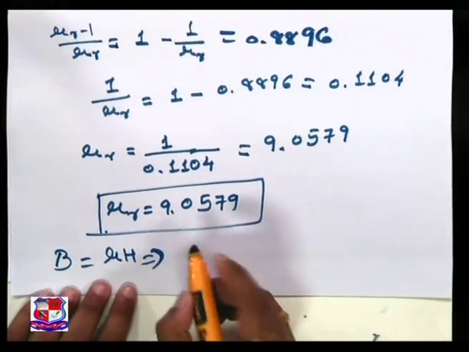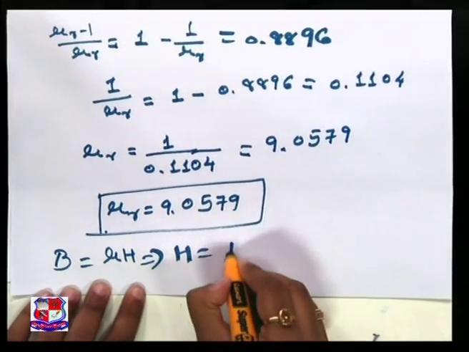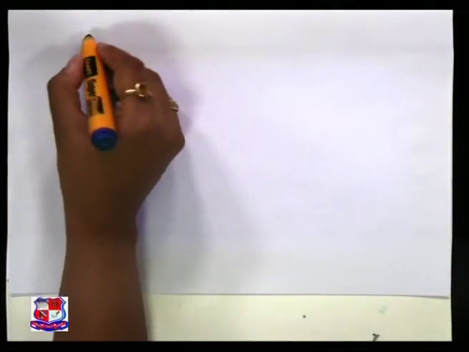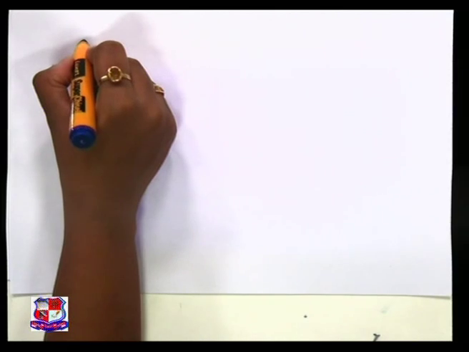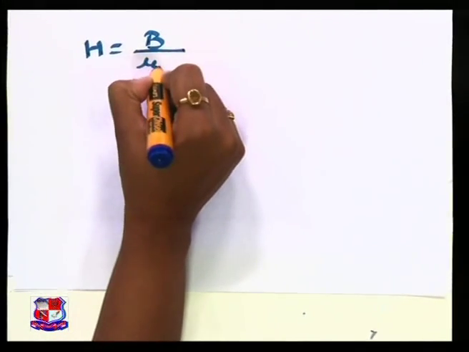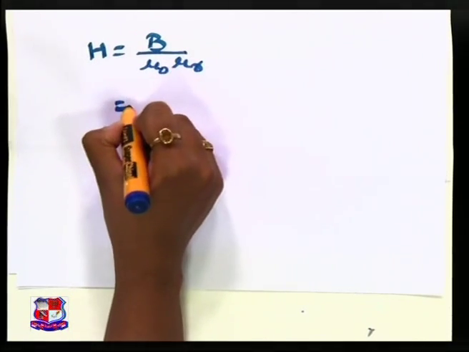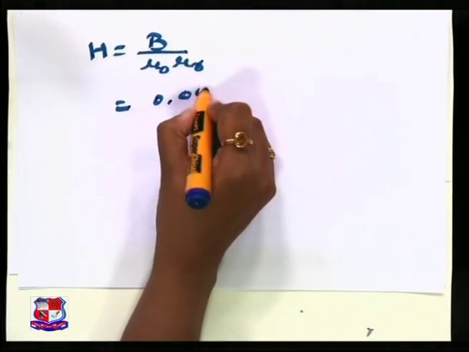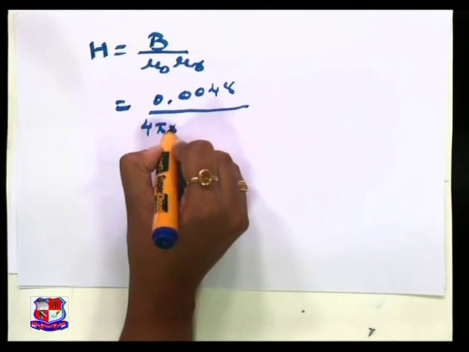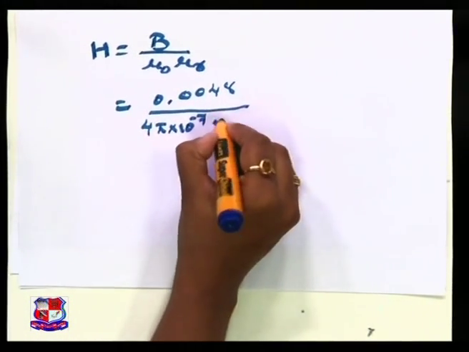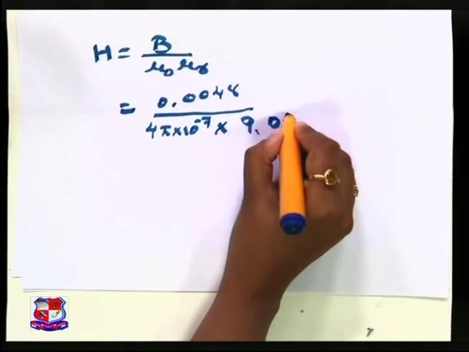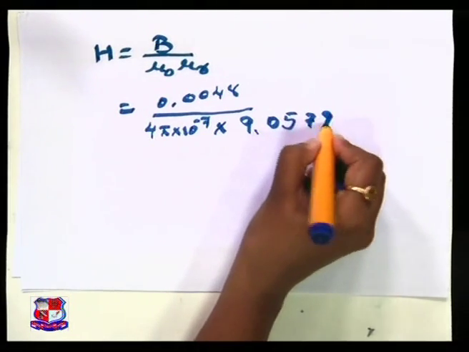So that says that h is equal to b upon mu, and we have mu 0 and mu r. So now we can get h is equal to b divided by mu 0 mu r. B is what? 0.0048. Mu 0 is 4 pi into 10 raised to minus 7, and also we have found mu r as 9.0579.